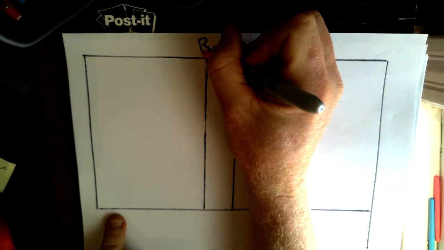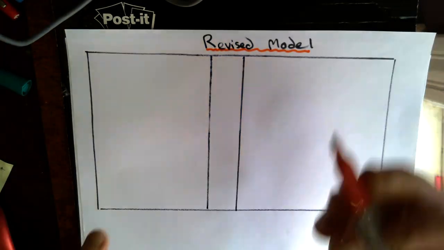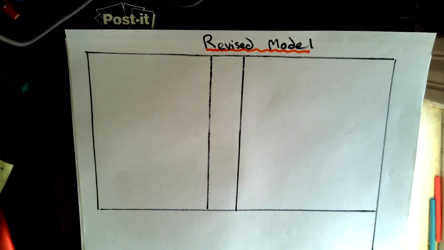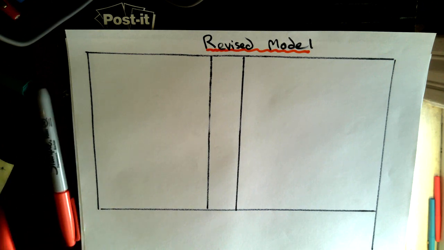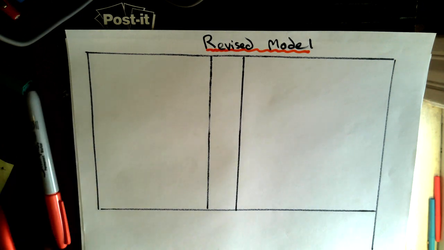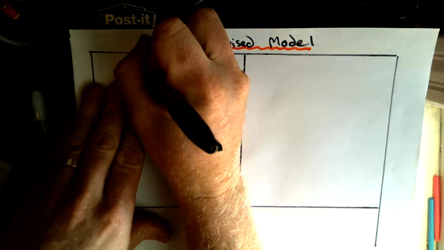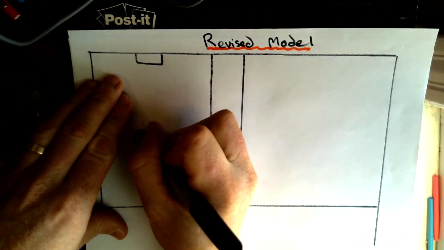So we're going to call this a revised model. Remember, a model is just a way of representing something too big, or too small, or too complex to actually put in real life. So a couple of things that we need to remember in our model, we had light on in the student's room, our student.